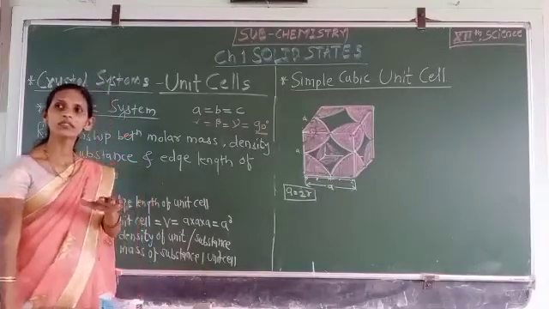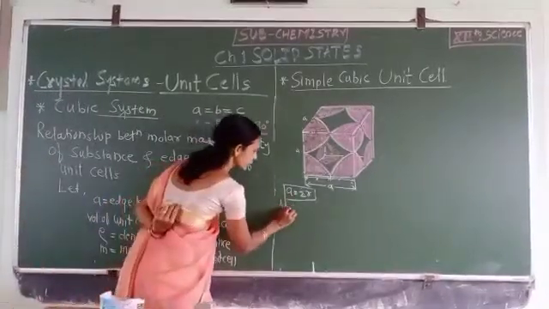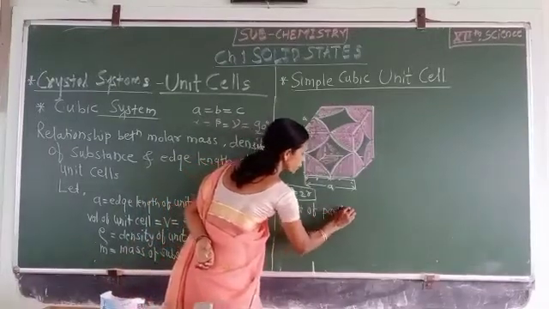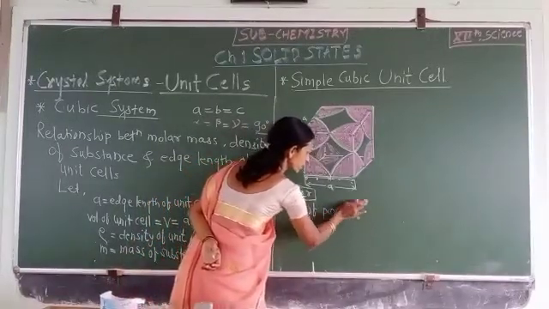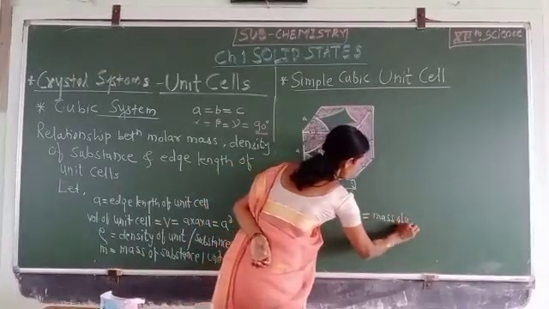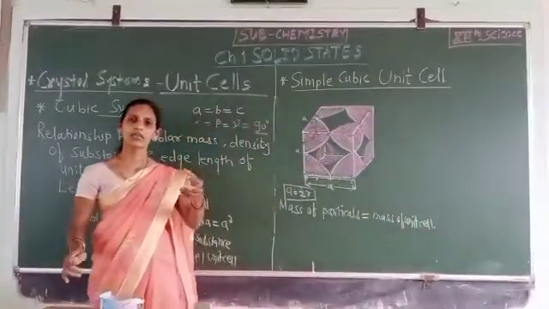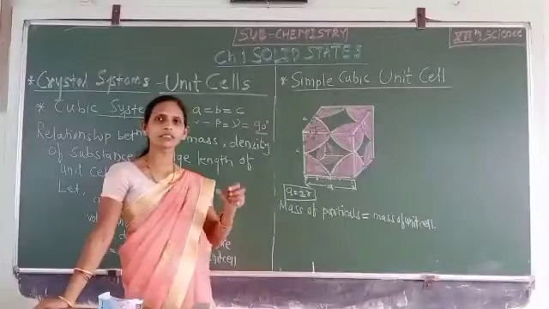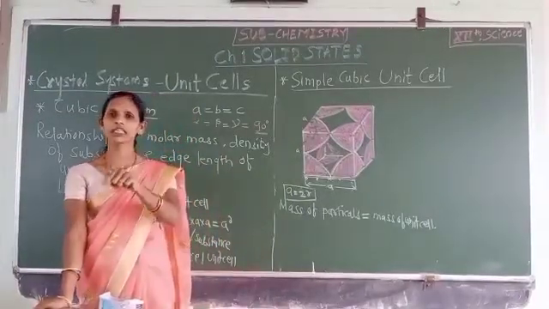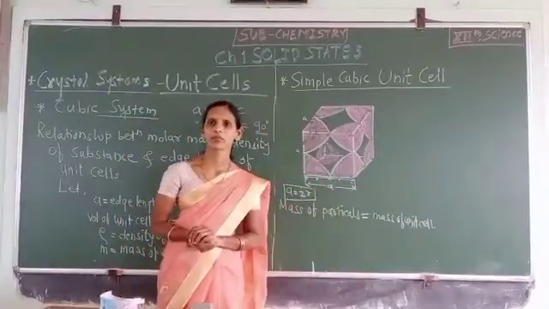Then the mass of the unit cell is nothing but the mass of the constituent particles, that is atoms. Because the unit cell is the one in which the constituent particles are present, therefore the mass of those particles present in the unit cell is the mass of that unit cell.